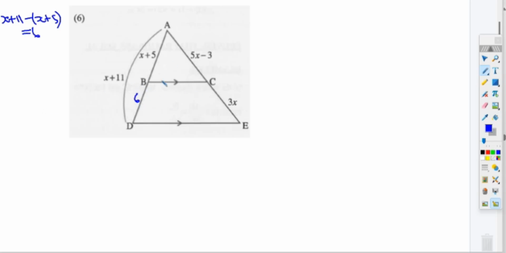We can now state our proportionality theorem there. We have AB over BD is equal to AC over CE. And our reason, prop theorem with BC parallel to DE.